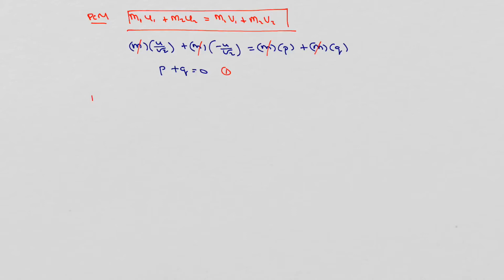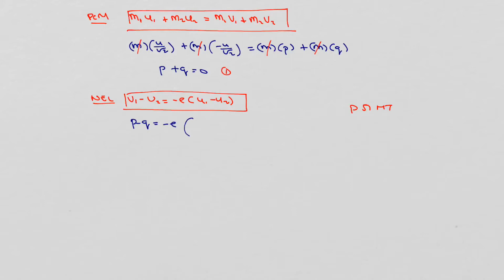And then we also have our Newton's experimental law of restitution. And again, we know that these are all on page 51 of our maths tables. So we have V1 minus V2 equals minus e times (U1 minus U2). So if I'm subbing in there, we have P minus Q is equal to minus e times u over root 2, and then it's minus u over root 2.